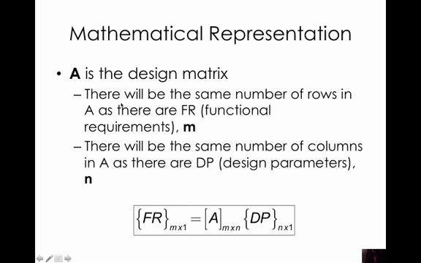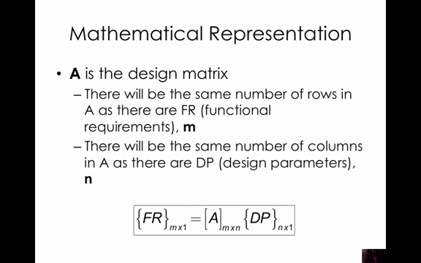Well, we're going to set up a design matrix, and that matrix is going to have m rows and n columns. And the rows are going to be aligned with our functional requirements. So our customers have told us what it is they want, and now we've determined how to cast those wants and needs in terms of functions that need to be met, functional requirements.